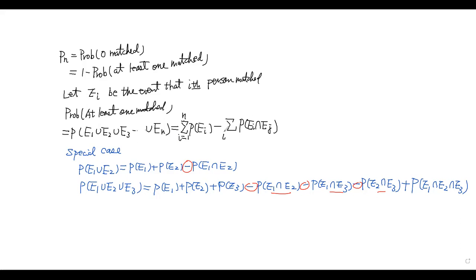So it's for all i less than j, all the way to n. The next term is a plus. So now we can write this into a general form: and so on, plus, then it's negative 1.